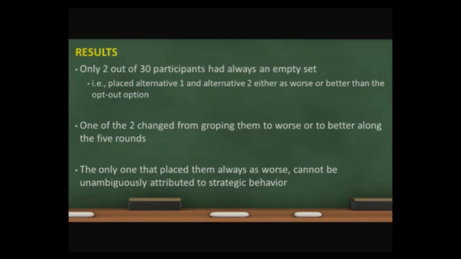So we are left with only one person who could be a candidate for having realized what the behavior would be to maximize his or her welfare. But when we debriefed people after each round, the reasons given by this person were exactly the same as the reasons given by most of the 30 people. So there is no evidence that this person did that on purpose due to the strategic behavior that we would expect.